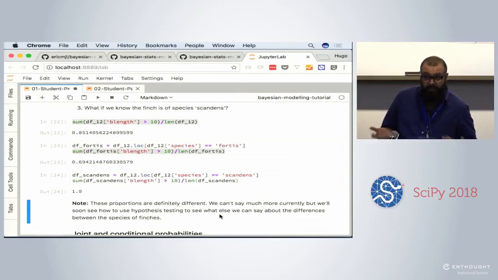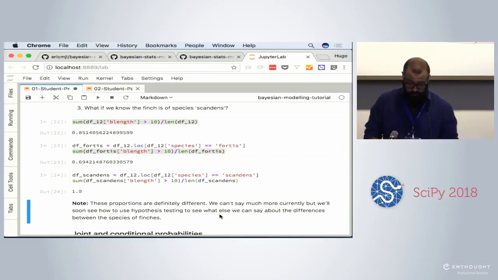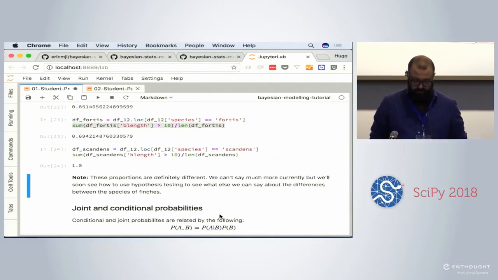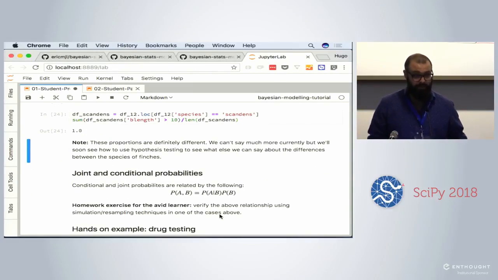Which, for me, shows that conditioning is actually pretty important already, right? So just a quick note that these proportions are definitely different. Can't say much more currently, but we'll see later on in this workshop how to robustly think about whether these populations are actually different.